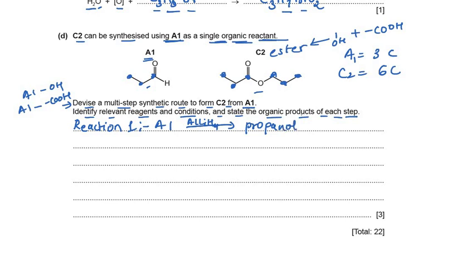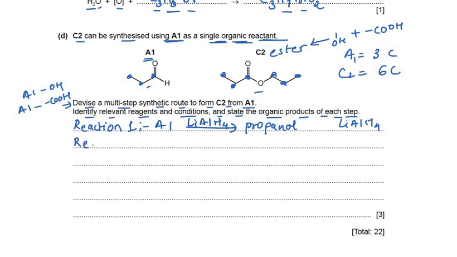Why? Because that's a propanal aldehyde A1. LiAlH4, that is lithium aluminium tetrahydride. We can write LiAlH4, that is better. LiAlH4 is the reducing agent that will change A1 into propanol.